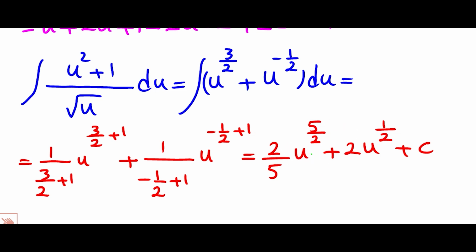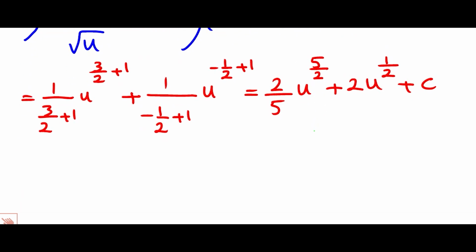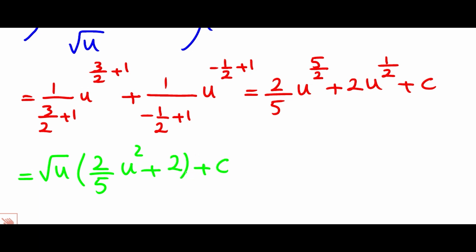So if we factor out the square root of u, we have the square root of u times (2 over 5 u squared plus 2) plus c. Now substitute back, meaning u equals x minus 1.